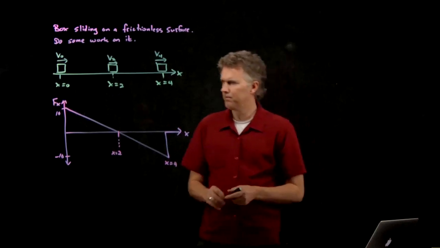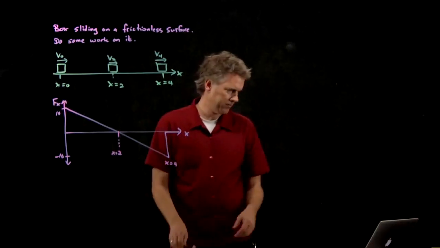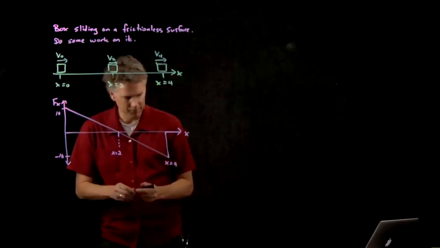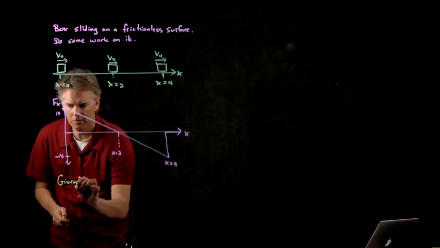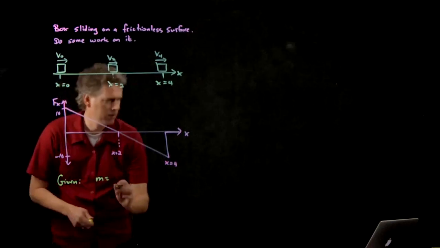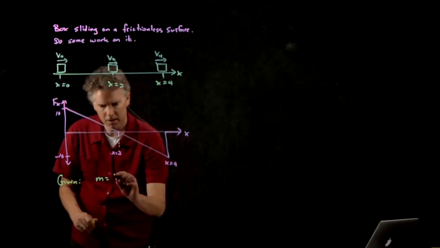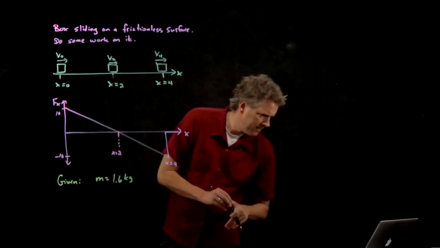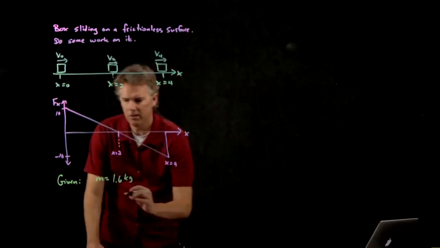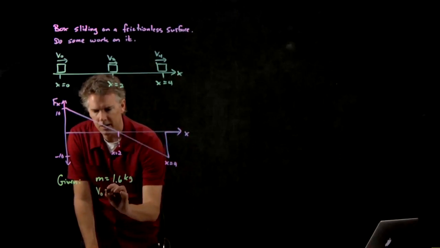Okay, and let's write down some givens. So the givens are going to be the mass of the box, and we can use my numbers here, 1.6 kilograms. And then they also give us the velocity initially.